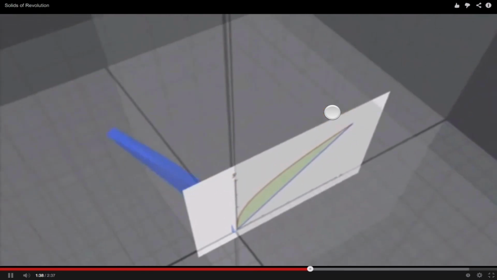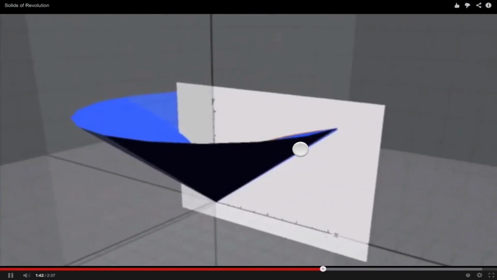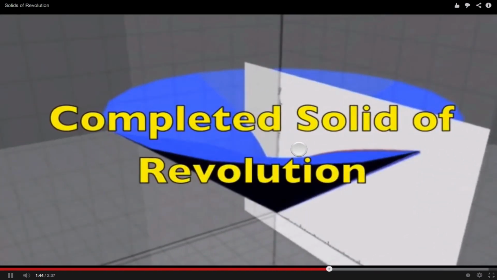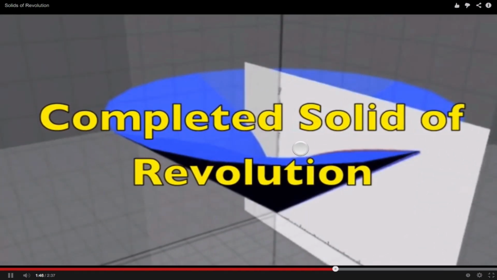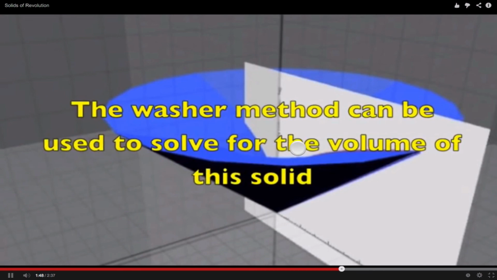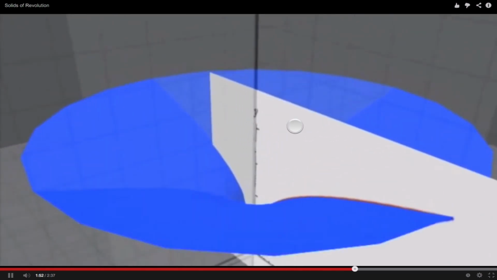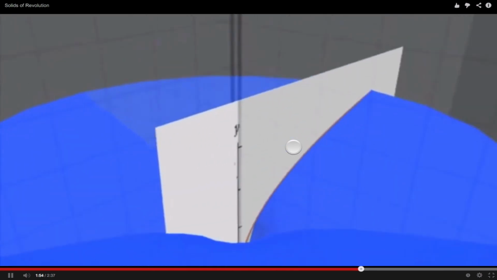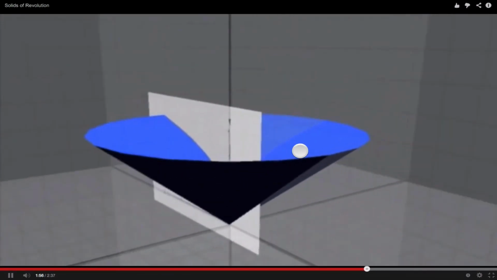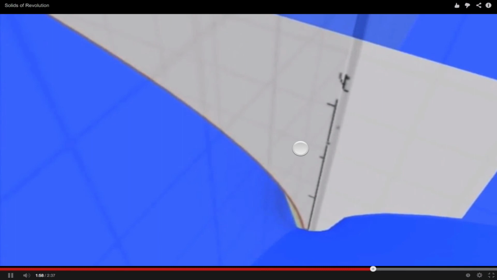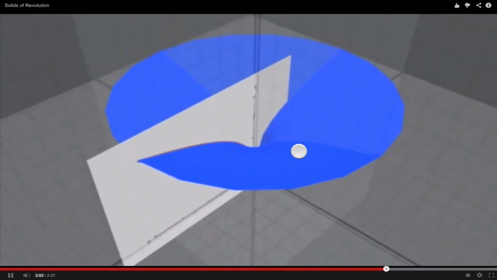Which again gives you one of those phonographs, but the other one was solid, and this one has some area in between it. It has some volume missing from it. So she's going to do what's called the washer method. But we always are going to do the disk method.